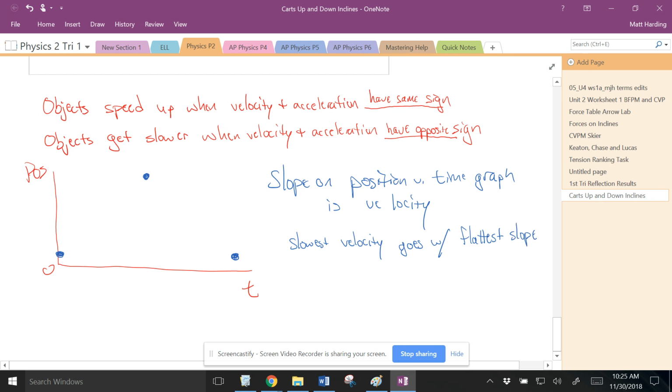And I will tell you this, right? The slowest velocity goes with the flattest slope. So if I call these points A, B, C, let's throw this on the Pear Deck: where on that graph should the slope be the flattest, A, B, or C?